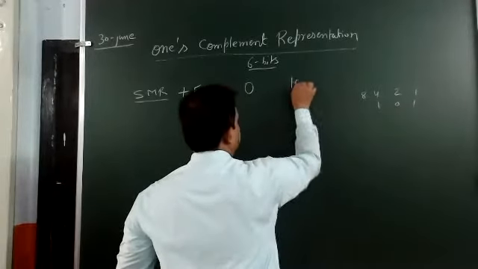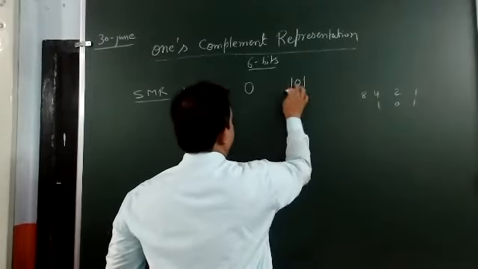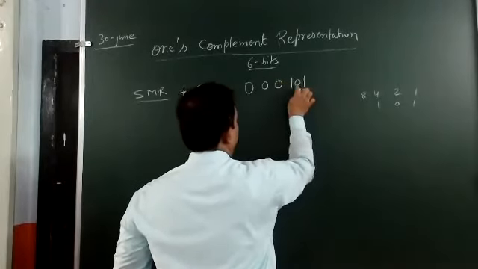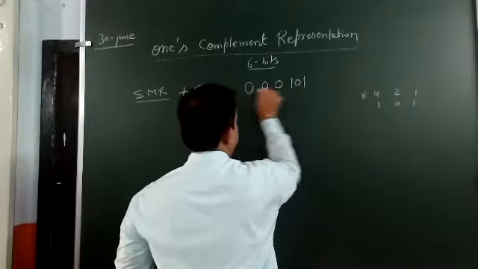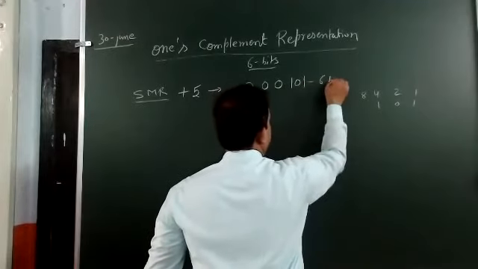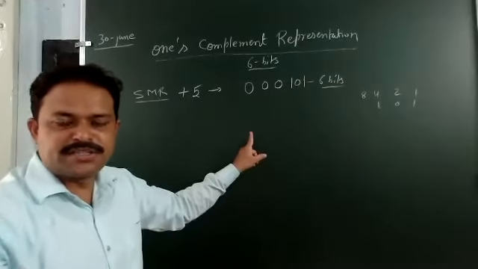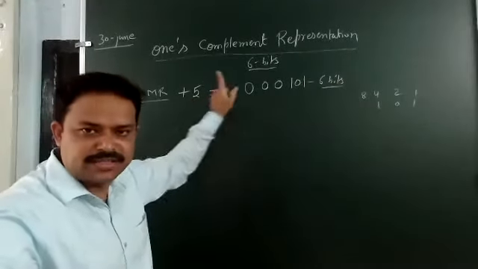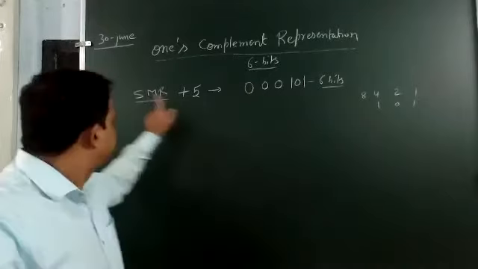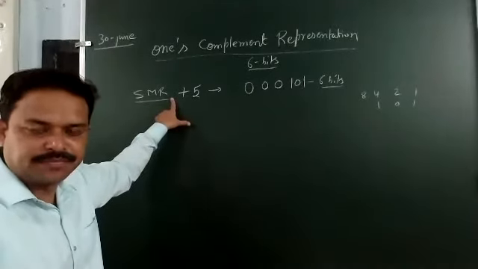I will write here 0, 0, 0, 1, 0, 1: 1, 2, 3, 4, 5, 6 bits. This is the representation of +5 in 6 bits in sign magnitude representation.